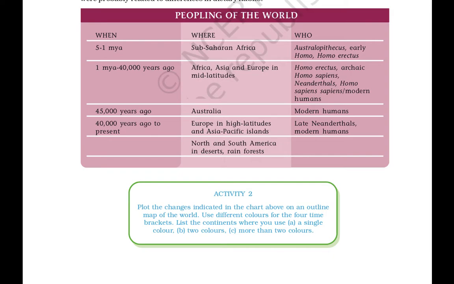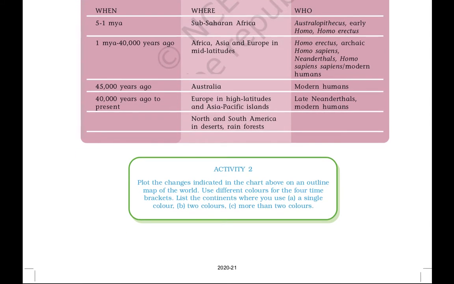Erectus were found from 1 million years to 40,000 years ago in Africa, Asia, and Europe in mid latitudes: Homo erectus, archaic Homo sapiens, Neanderthals, Homo sapiens sapiens, or modern humans. 45,000 years ago in Australia, modern humans. Then 40,000 years ago to present, in Europe in high latitudes and Asia Pacific islands, late Neanderthals, modern humans.